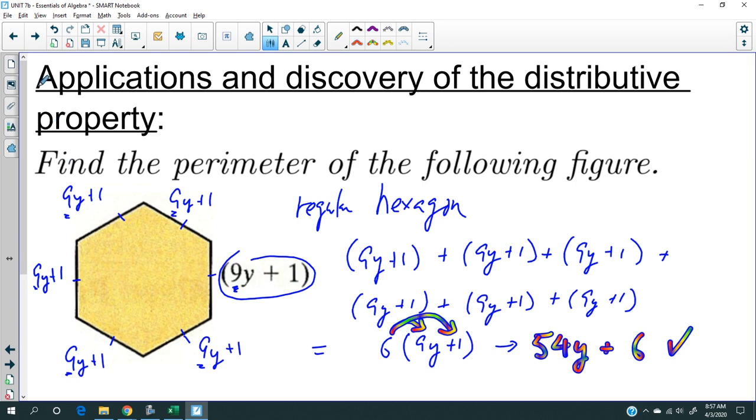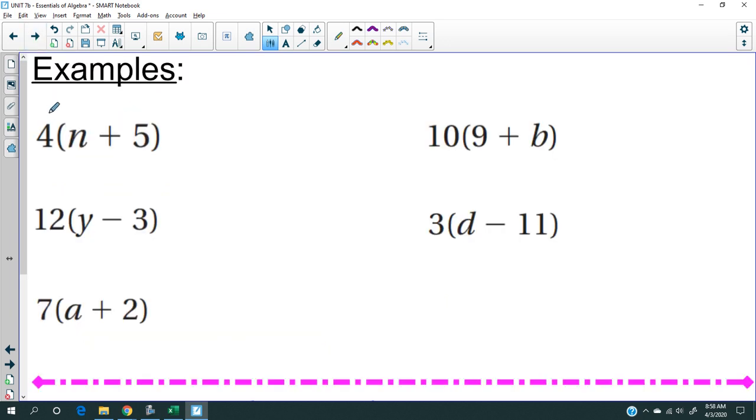Let's do one more example, and then we'll start from here next week. So write this question down, just this one. You would distribute. 4 times n is 4n.